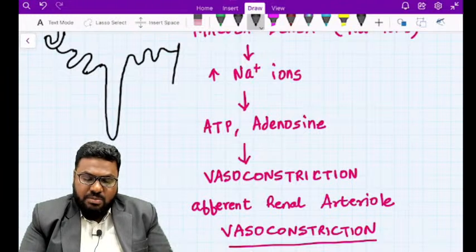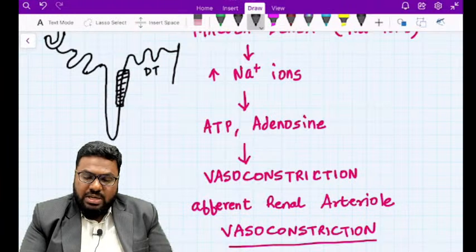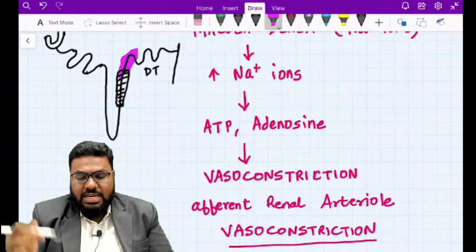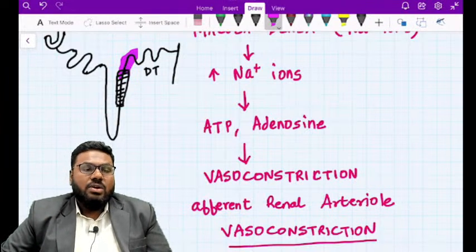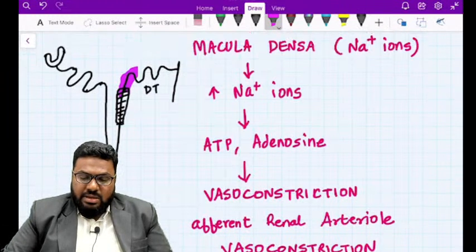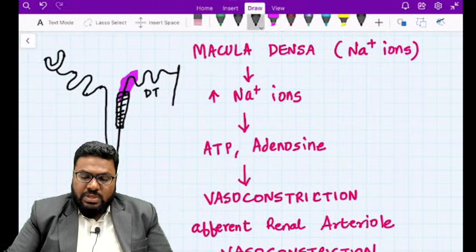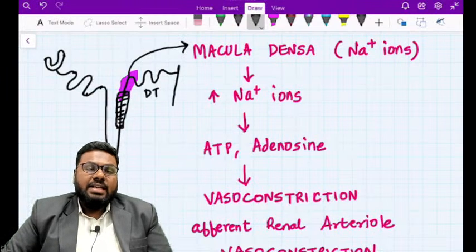The area of union of the thick ascending limb of the loop of Henle and the distal convoluted tubule is the macula densa, which is sensing the delivery of sodium ions.